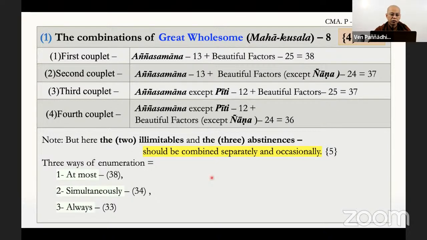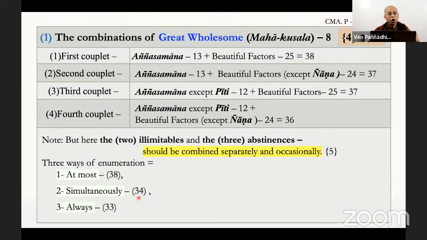So if we fully enumerate, 38 for the first couplet, 37 for the second and third, and 36 for the fourth, this is at most. But if we count for the first one simultaneously, how many can be simultaneously possible? 34, because 1 out of 5 can associate, not all 5 altogether with the first one. That's why we count simultaneously only 34.